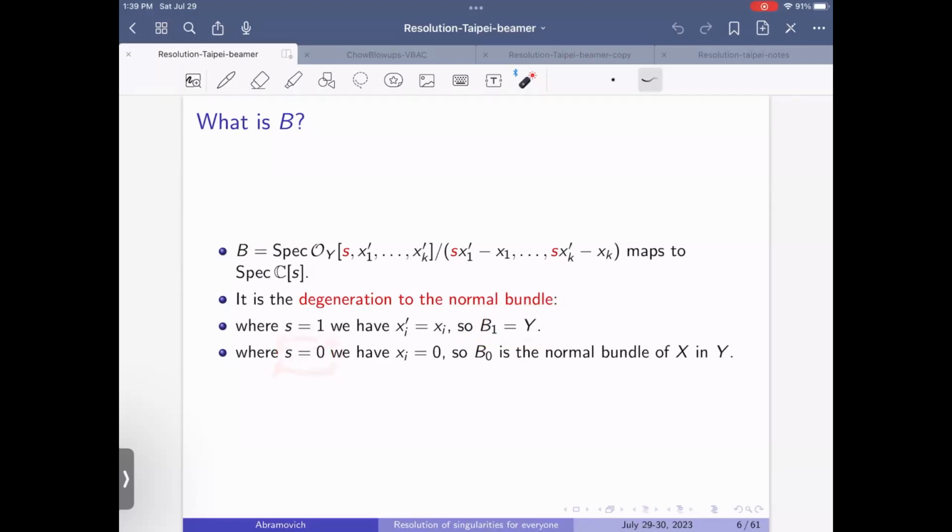When I set s equals 0, then this equation forces all the xi to be 0, and the xi prime vary freely. So I get an affine space corresponding to the xi prime. So for each point in X, I get a whole affine space. So what do I get?